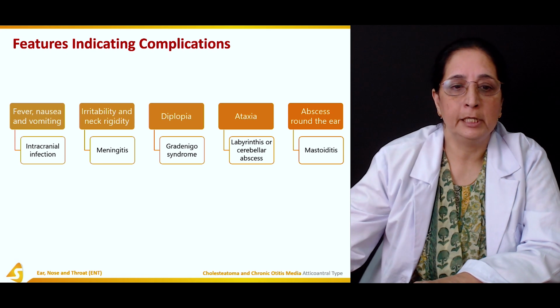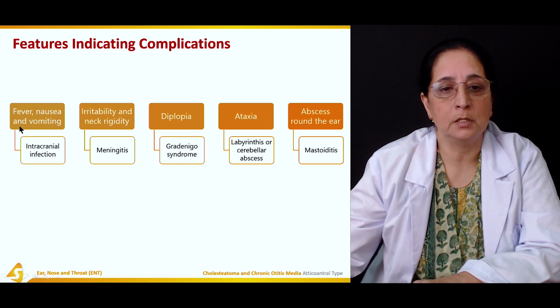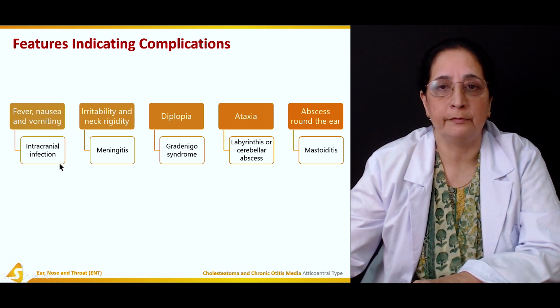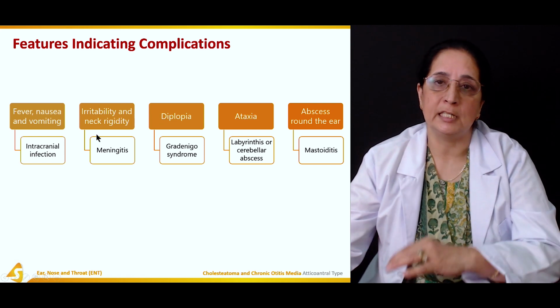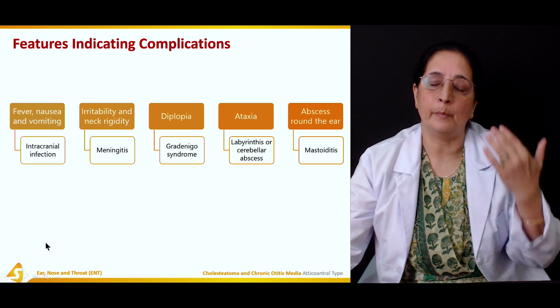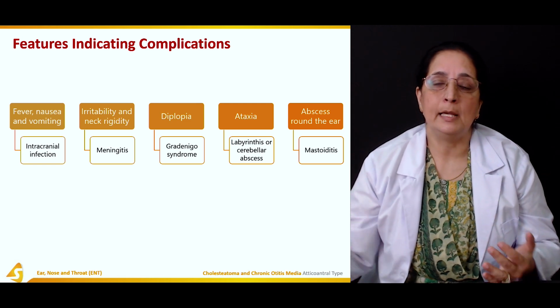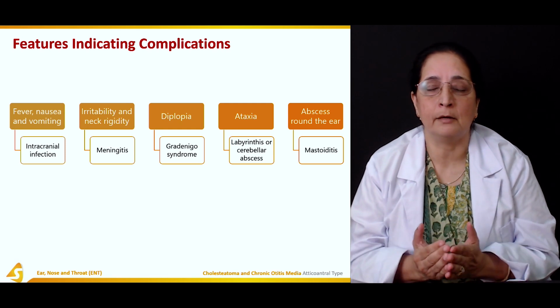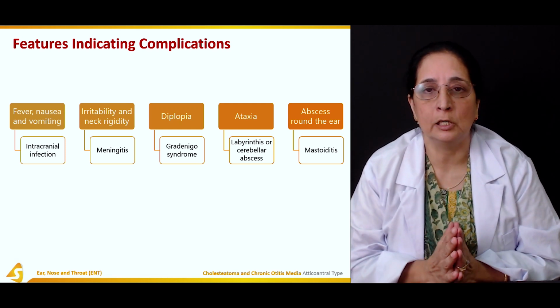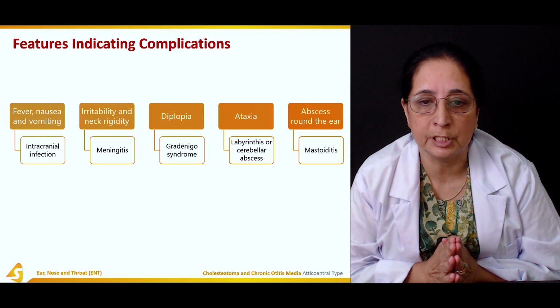Some other complications: fever, nausea, vomiting due to infection, irritability, and neck rigidity. Especially these are the features common in meningitis, when the infection reaches the meninges, which are the layers that cover the brain and spinal cord, that can cause the rigidity.